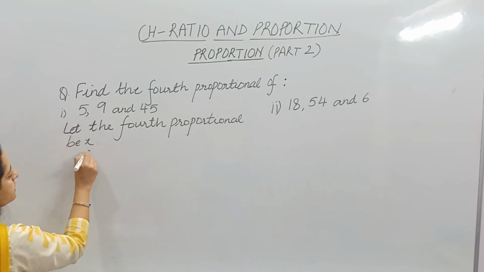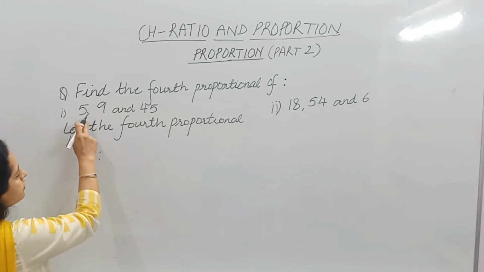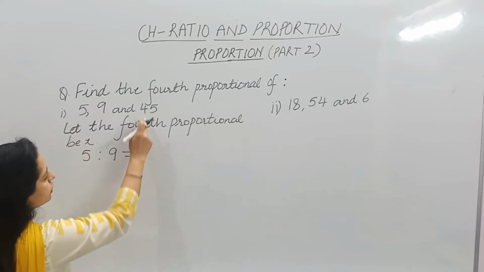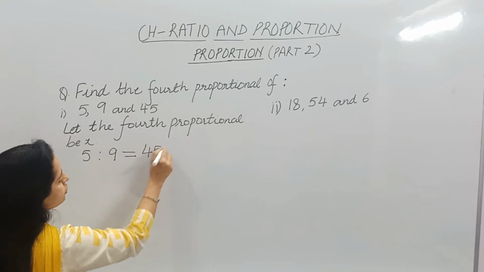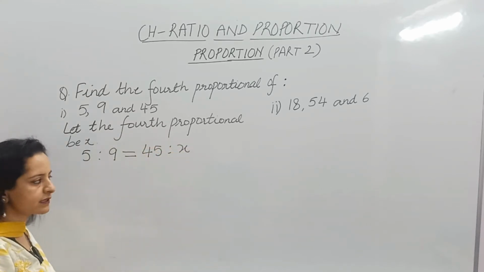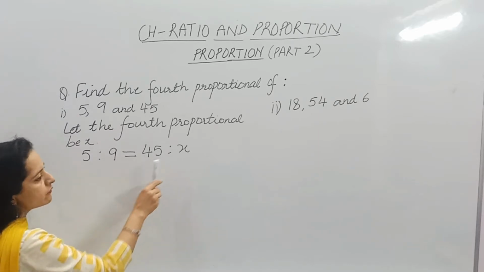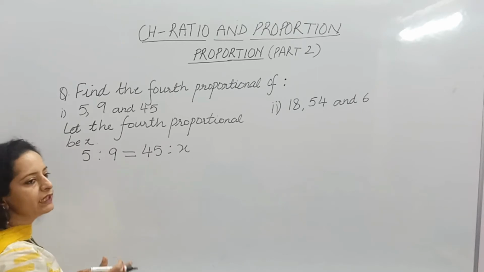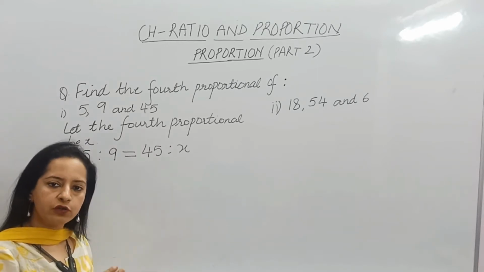I got here my first proportion. The first quantity ratio the second quantity is equal to the third quantity ratio the fourth quantity, which we have assumed to be x. Since all these four are in proportion, we can use either the formula or do it without the formula also.